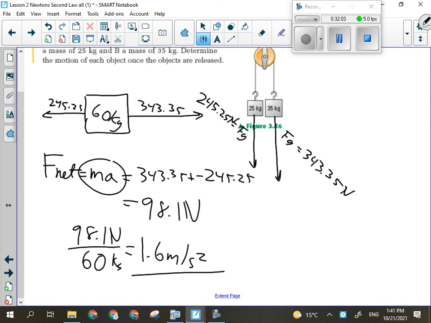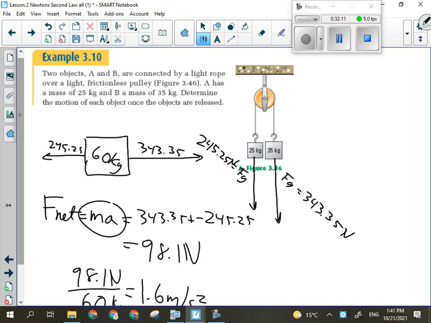It should say, determine the magnitude of the acceleration of the system, because there's no way to give a direction in that case. Okay? Because this question said, determine the motion of each object, then I can put directions on. 25 kilogram, 1.6 meters per second squared up. 35, 1.6 meters per second squared down. Okay? All right.